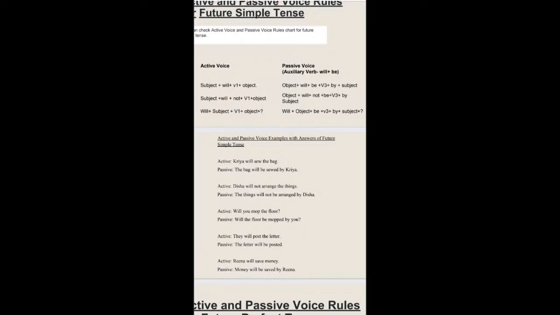In future tenses, there is a be there. Just be in passive sentences. Always. Whether it is a question mark, whether it is a negative sentence, whether it is a positive statement, whatever it is, in future passive form with will, you have to attach a be.